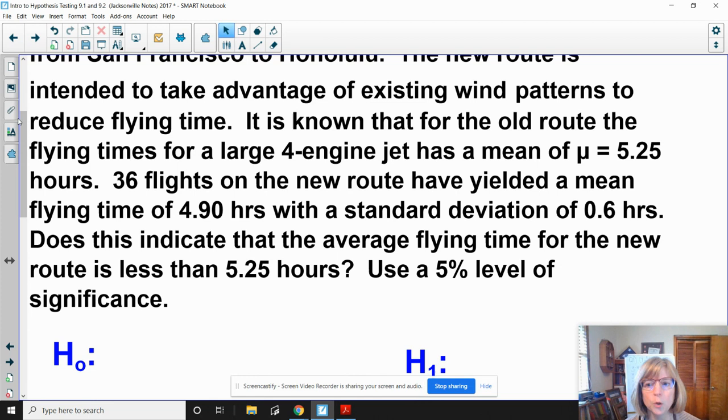It is known that for the old route, the flying times for a large four-engine jet has a mean of mu equals 5.25 hours. 36 flights on the new route have yielded a mean flying time of 4.9 hours with a standard deviation of 0.6 hours. Does this indicate that the average flying time for the new route is less than 5.25 hours? Use a 5% level of significance.